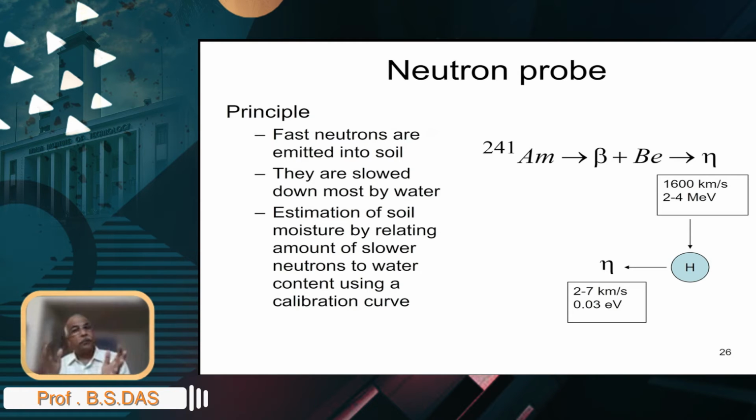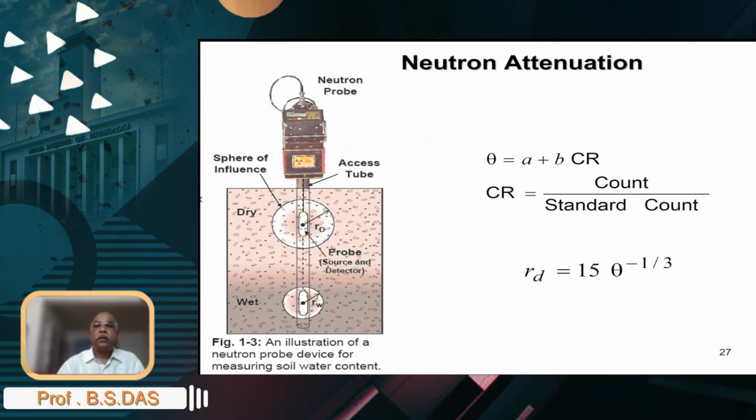So a lot of calibration is needed, because depending on what kind of composition you have in a specific soil, you need to build the relationship between the soil wetness and the relative number of slow neutrons to fast neutrons, which we call the count ratio.